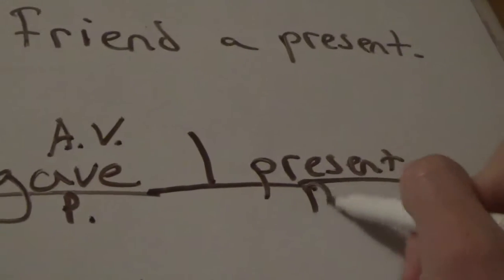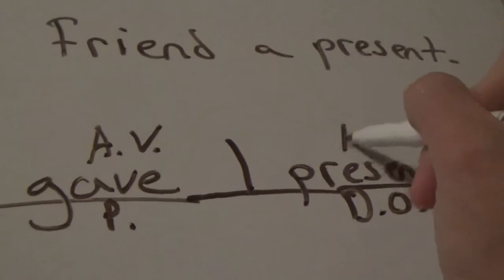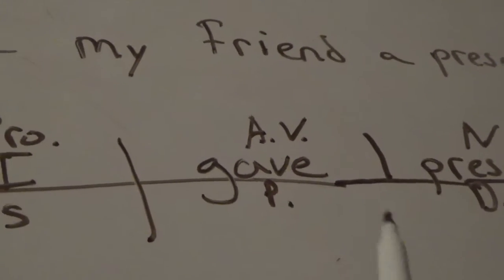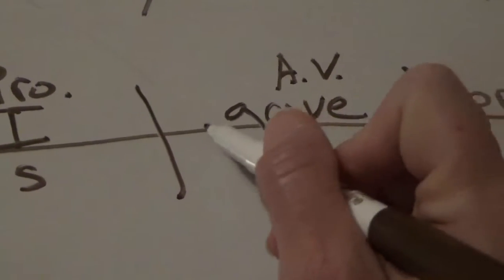Put D-O under it, right? And noun. And then you say, I gave present to or for whom? Friend. So friend is the indirect object, and it's going to go here under the verb, because what an indirect object is really like is an object of the preposition without a preposition.